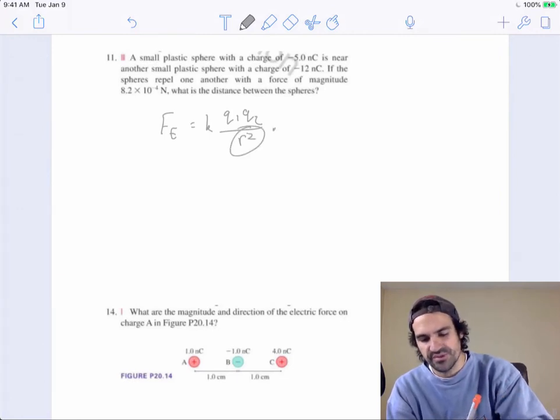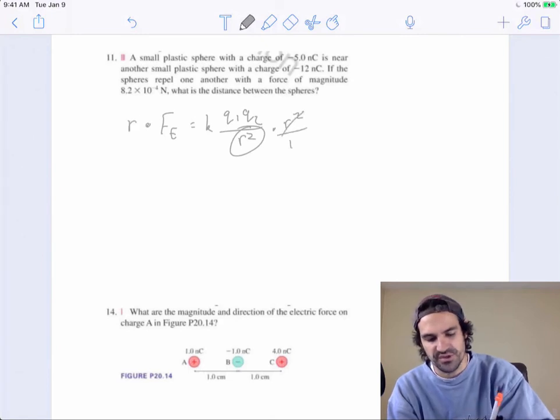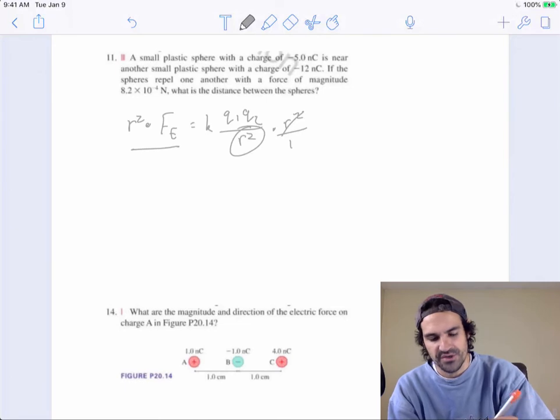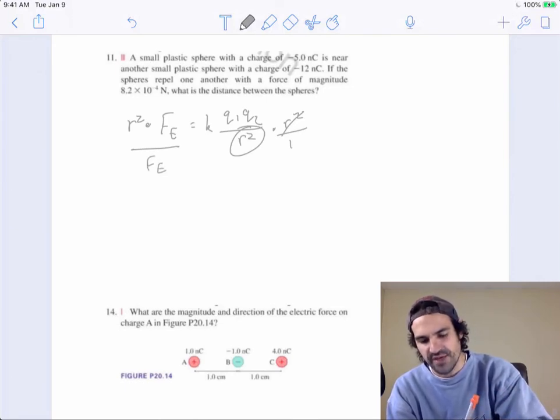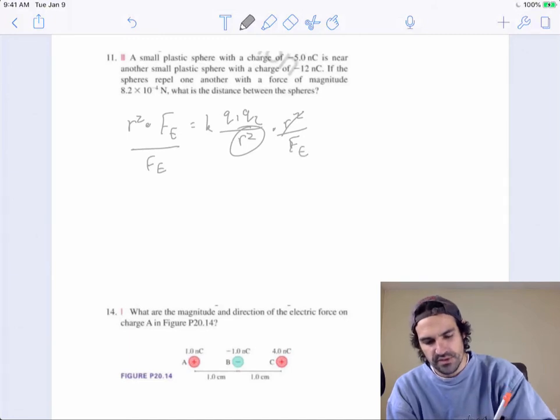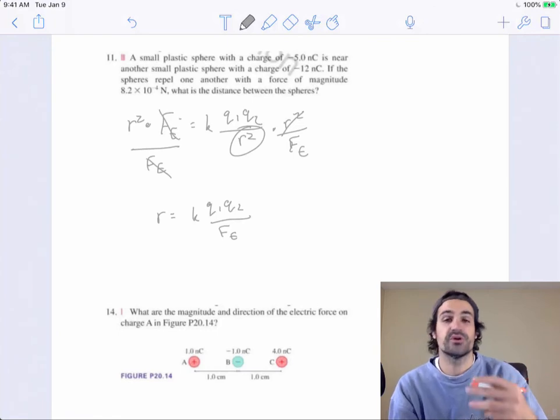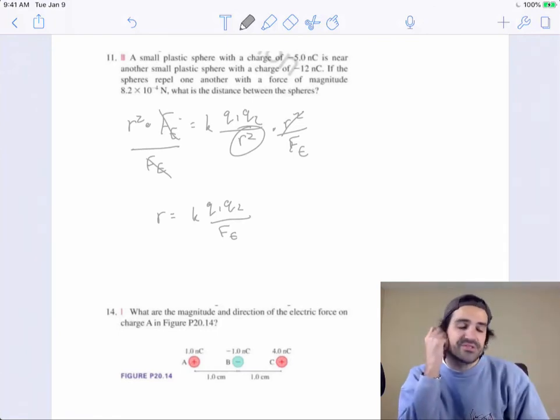So we're going to multiply both sides by r squared so we can get it out of the denominator. Whatever you do to one side, you have to do to the other. And then to get r squared by itself, we're going to divide both sides by Fe. So those are going to cancel out. And then we're going to find that r squared equals k q1 q2 over Fe. You could have also cross-multiplied to get the same result.